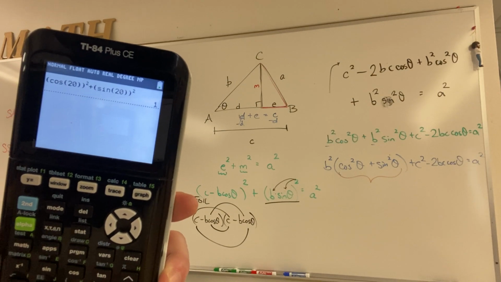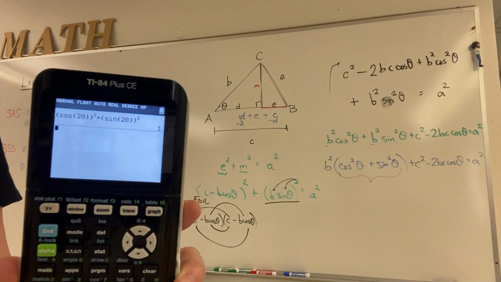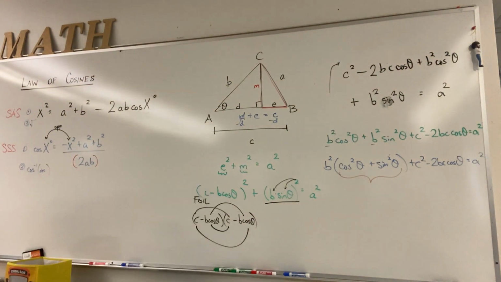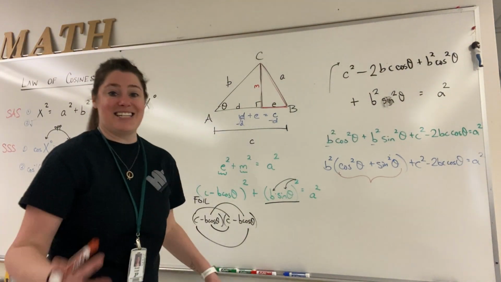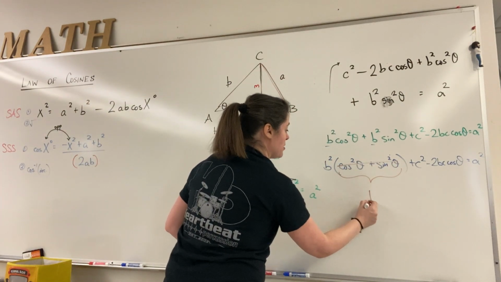It's 1. It's just 1. If you were to do that over and over with all kinds of different angles, it will always add up to 1. It is an identity. And so that entire thing can be removed and replaced with the number 1.